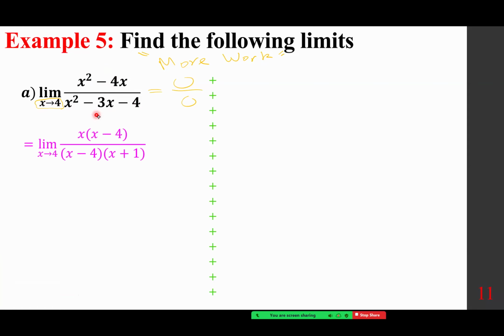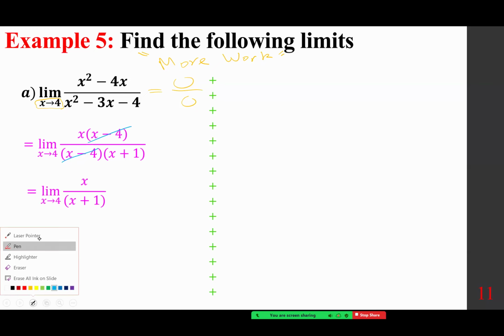But again, because x approaching 4, you should have known that there should be a factor of x minus 4. This should help you factor easily. We get rid of the common factor. And now if we plug in 4, this becomes 4, this becomes 5. We are done.